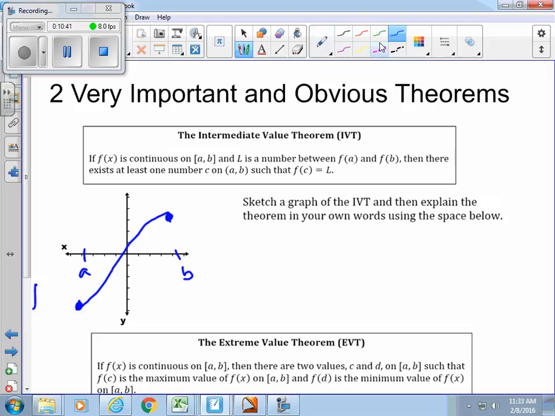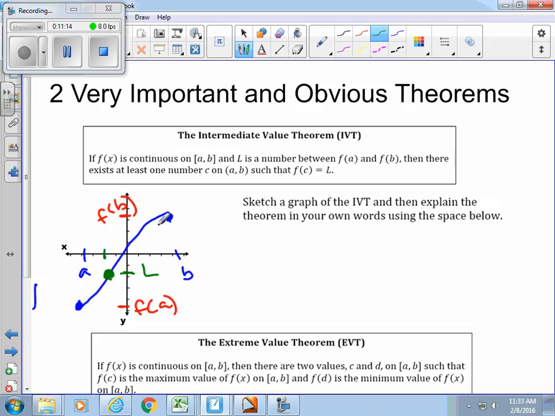It says if L is a number between f of A and f of B. Well, f of A is this y value down here, right? And f of B is this one up here. And it says L is in between that. So say L is here. I'm making that up. Then there is at least one number C on AB, so in between A and B, such that f of C is L. In other words, I hit every point in between here, right?